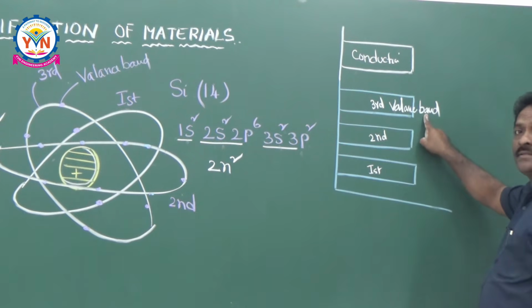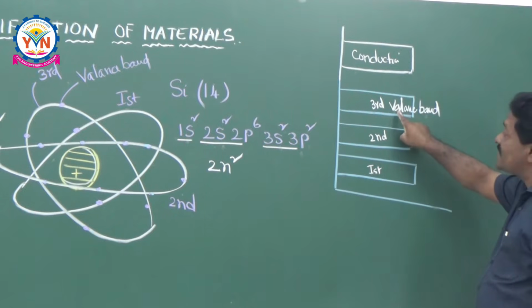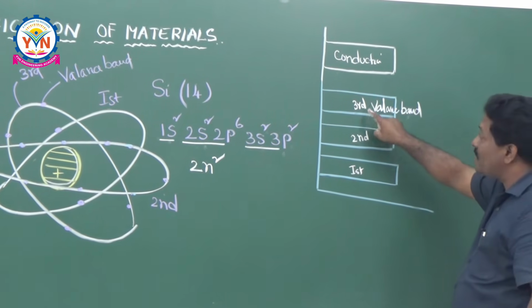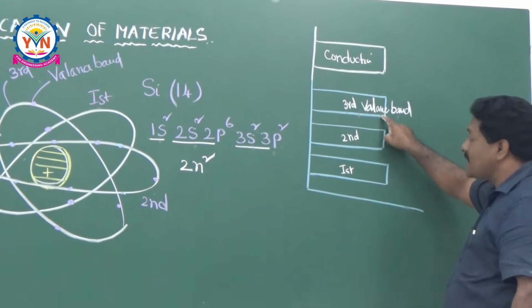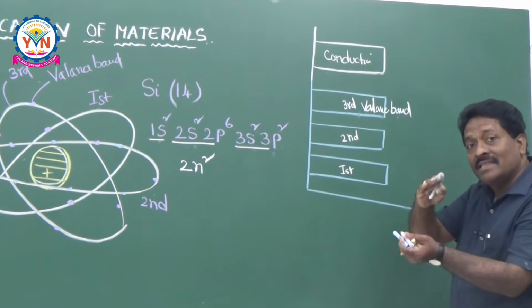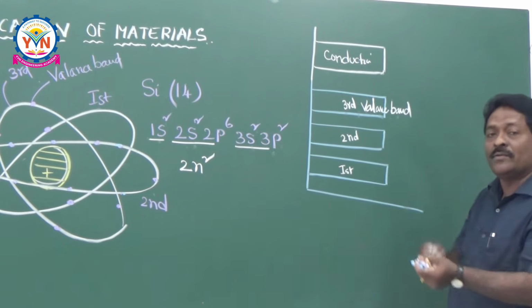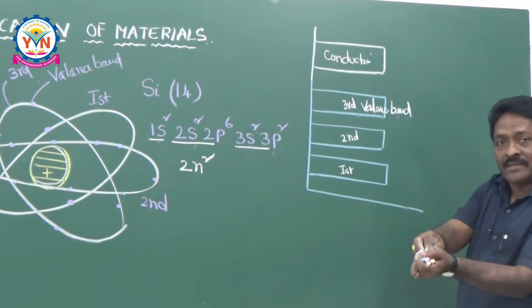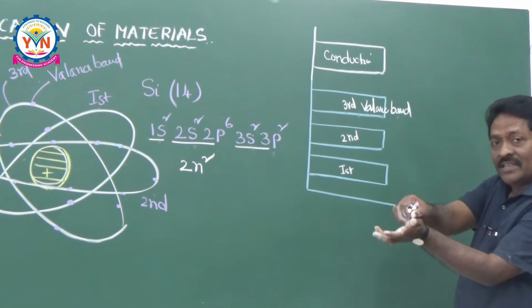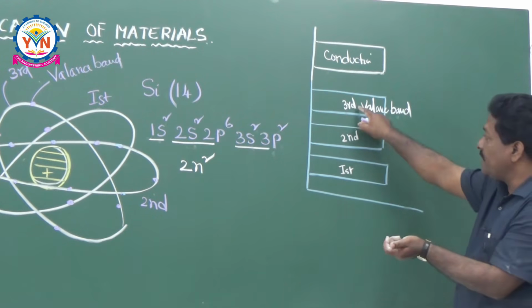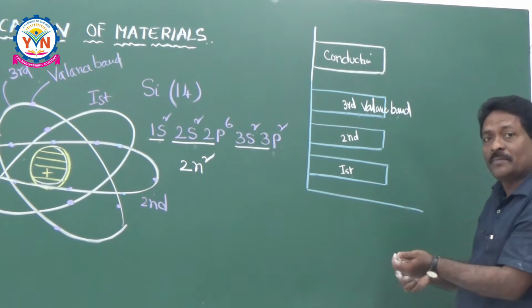Valency band means the electrons in the last orbit, the valency orbit, have energy ranging from one value to another. Band is just a group of energy levels, whether it is the third, second, or first orbit.